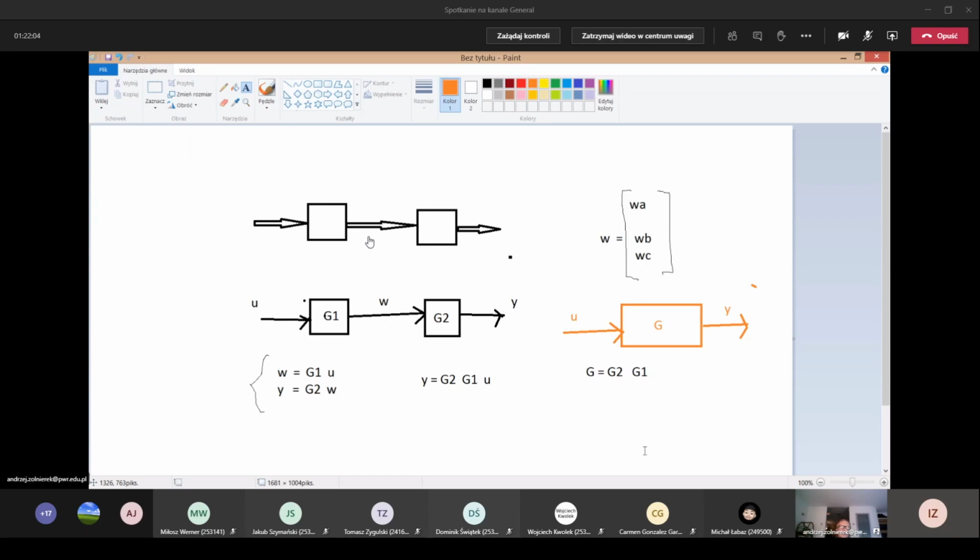It is easier to use this aggregated model because it's only one formula, not the system of formulas, as you can see on the left side, just here. So it is the general idea, and you can see where from we just get this description.